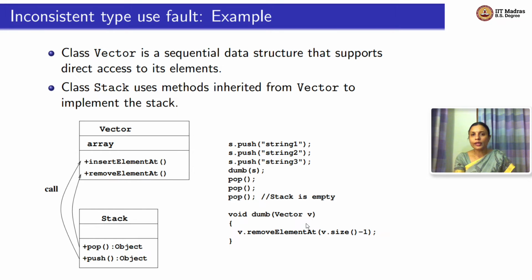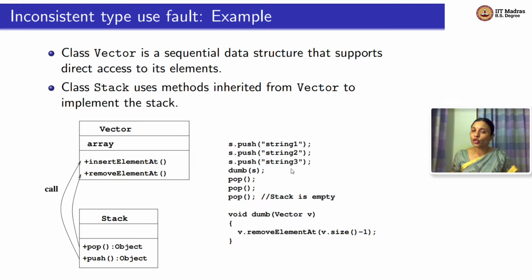Now look at the code snippet on the right hand side. It's just a fragment of code. Let's see what the issue is related to the inconsistent type use fault that we are currently discussing. So in this code snippet, there are 3 pushes that happen. So push is this method that is owned by the stack. So it pushes string 1 followed by string 2 followed by string 3.